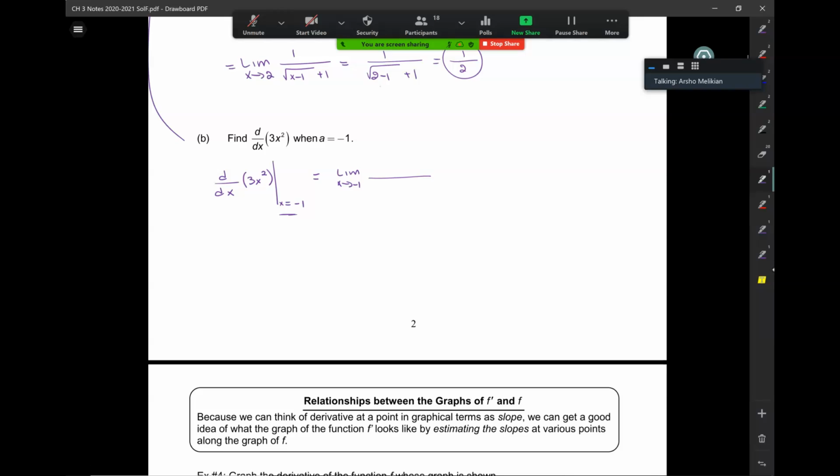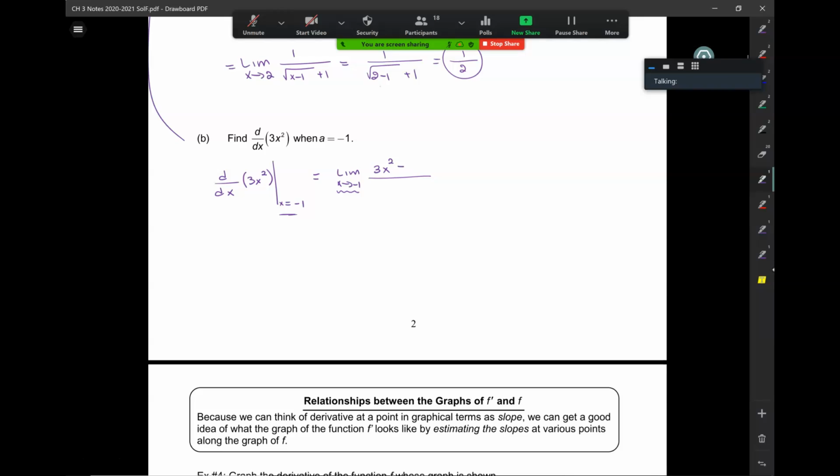Yeah, so whether it's h or x, there is one variable, right? Whatever the limit is approaching, you're not allowed to put in until the very end. Yeah, for x. Okay.